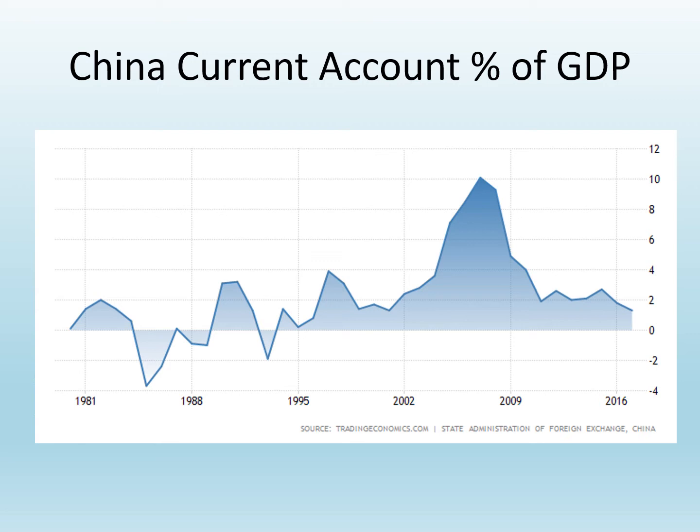And that's important, because it says that if this trend continues, then China, which has been a net saver in the world for the last two decades, could well become a net borrower. If the Chinese current account surplus becomes a Chinese current account deficit, then China will become a net borrower in the world.